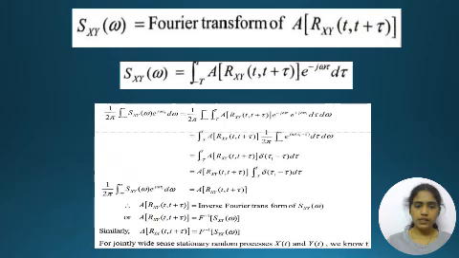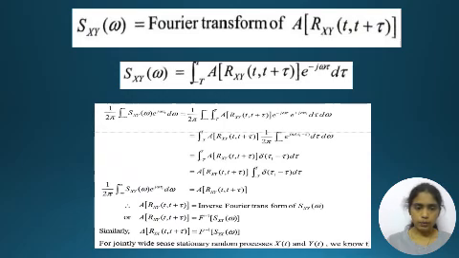1 by 2 pi integral from minus infinity to infinity Sxy of omega e power j omega t1 d omega equals 1 by 2 pi integral from minus infinity to infinity integral from minus T to T A of Rxy of t comma t plus tau into e power minus j omega tau e power j omega t1 dt d tau, equals integral A of Rxx of t comma t plus tau into 1 by 2 pi integral from minus infinity to infinity e power j omega (t1 minus t) d tau d omega, equals integral A of Rxy of t comma t plus tau into delta of t1 minus tau d tau.